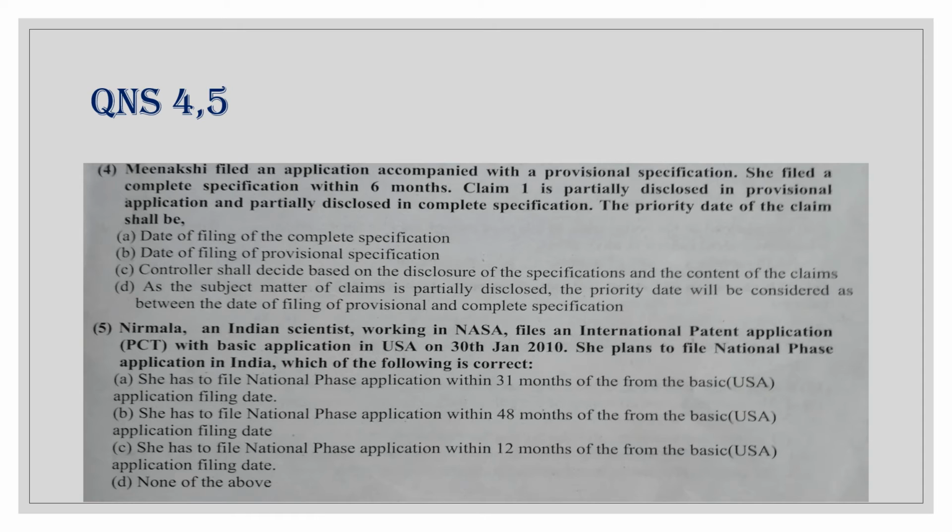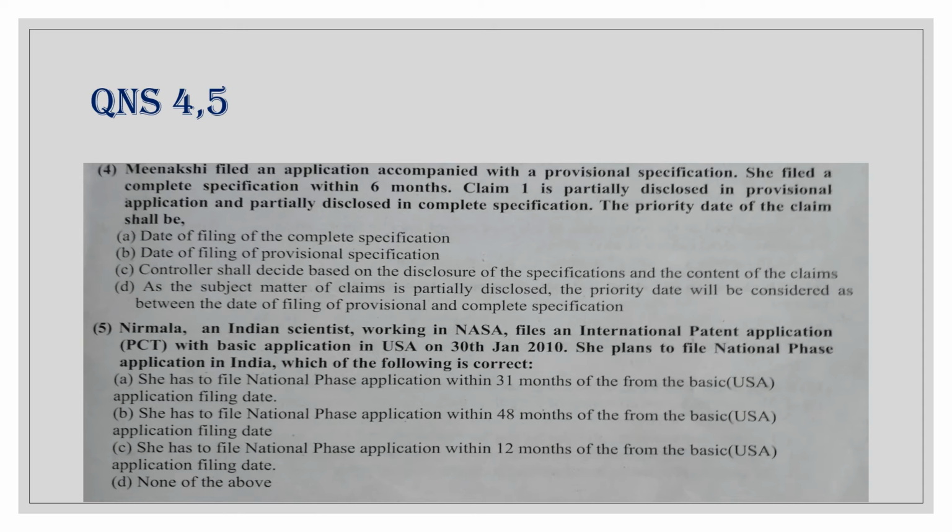we say a complete specification should describe the invention and the best known method of carrying it out and ends with one or more claims which define the scope of the invention. Fine. So the actual scope of invention is found out from the complete specification.